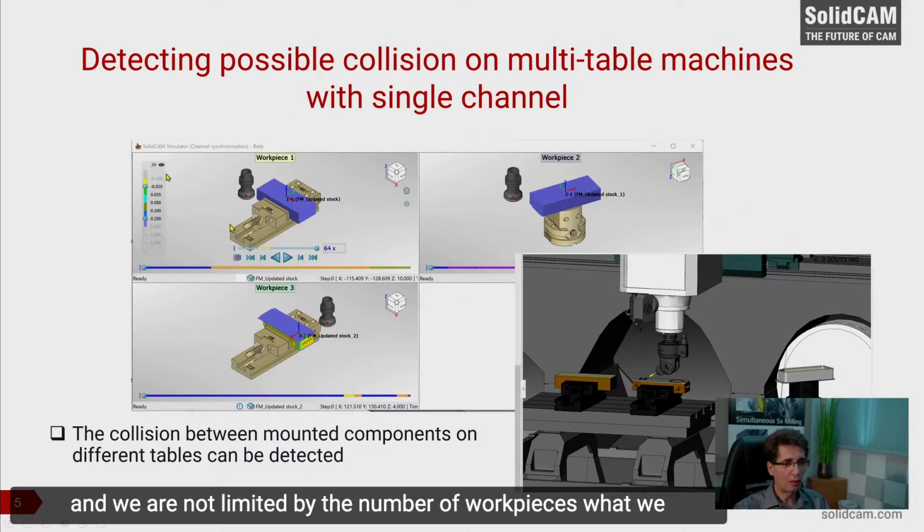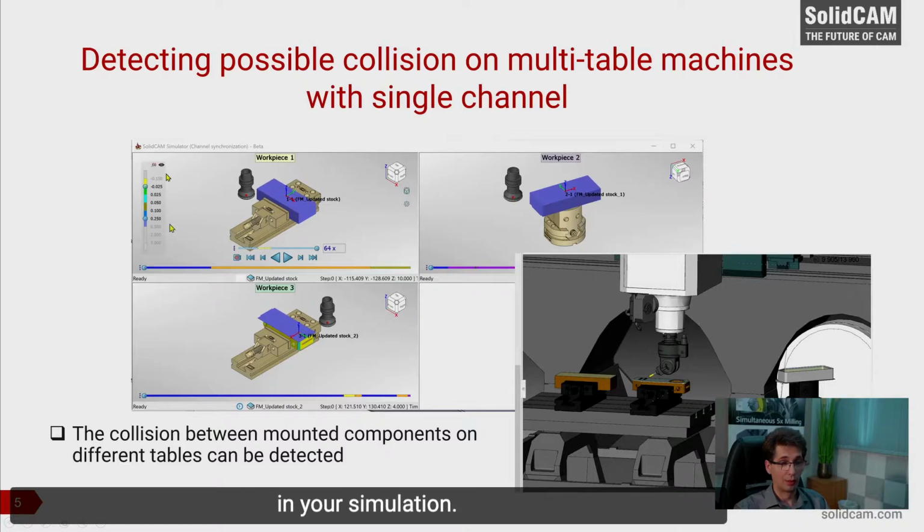And we are not limited by the number of workpieces that we can simulate and emulate in our channel synchronization. Each workpiece will be opened in a separate window. Of course, if you're going to see 6-7 workpieces or more, I really recommend using a second screen, and you can open it on the second screen and see very well what is going on in your simulation.